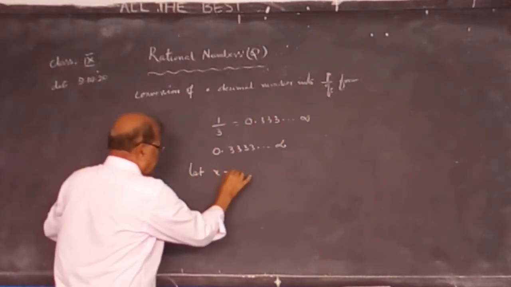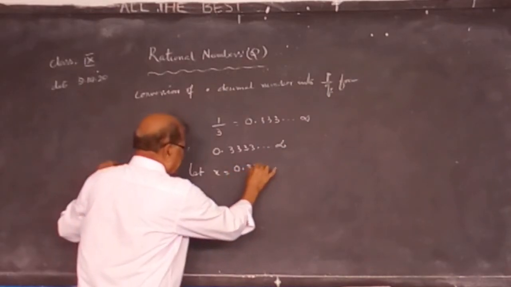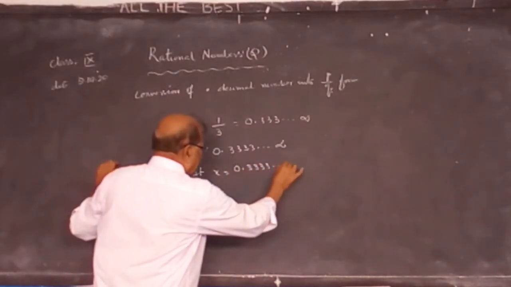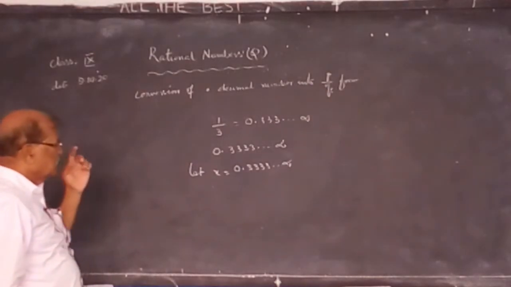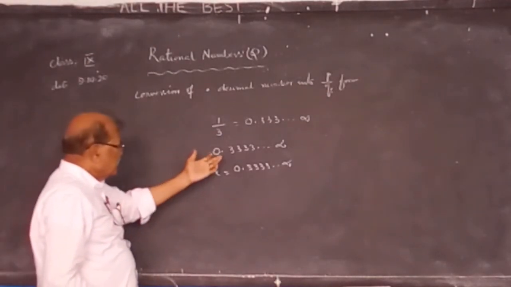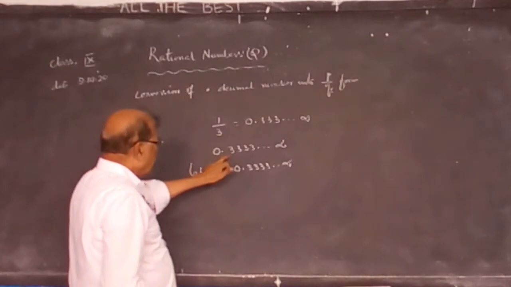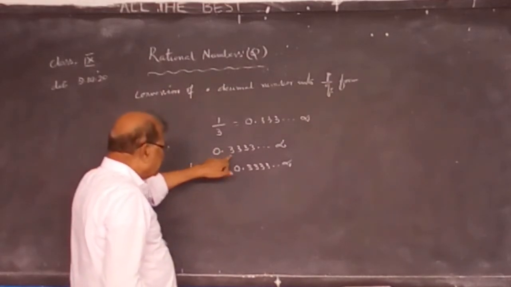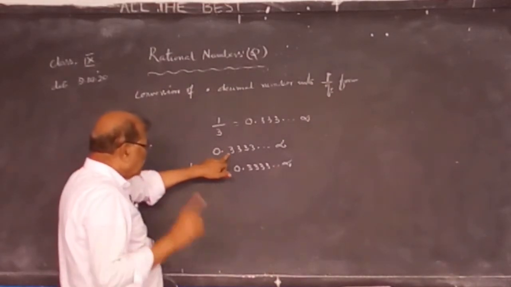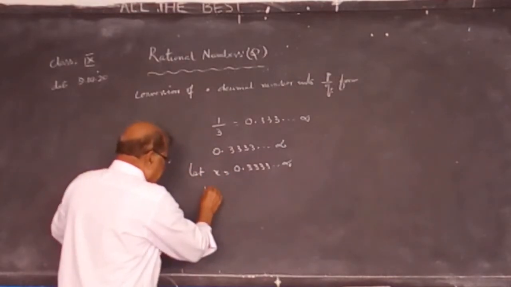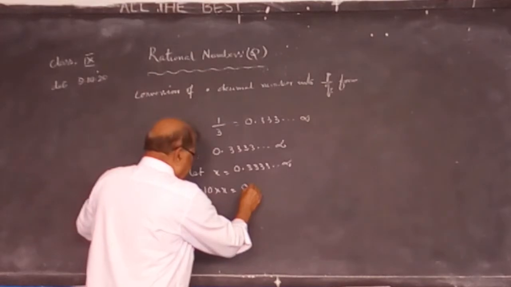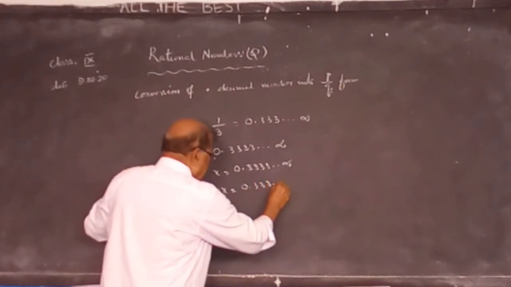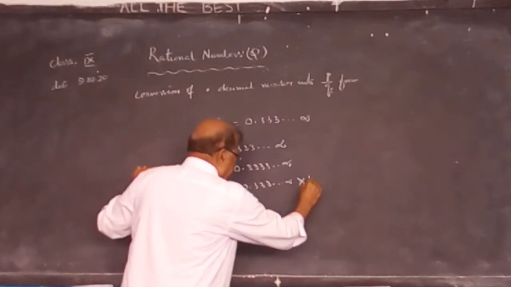Let x is equal to 0.3333 up to infinity. x is equal to this much. Which is recurring? How many numbers are recurring? Only 3 is recurring. Only one digit. So, multiply both sides by 10. 10 into x is equal to 0.333 up to infinity into 10.